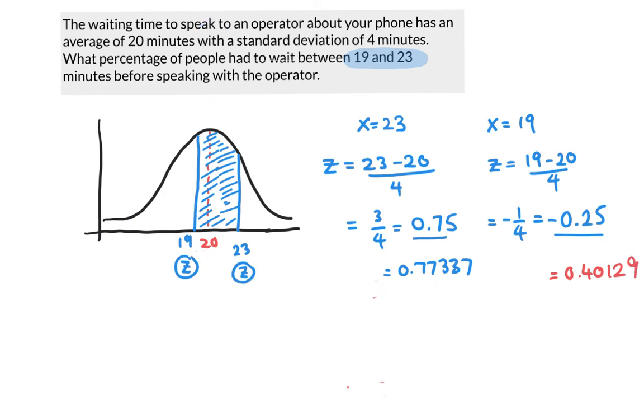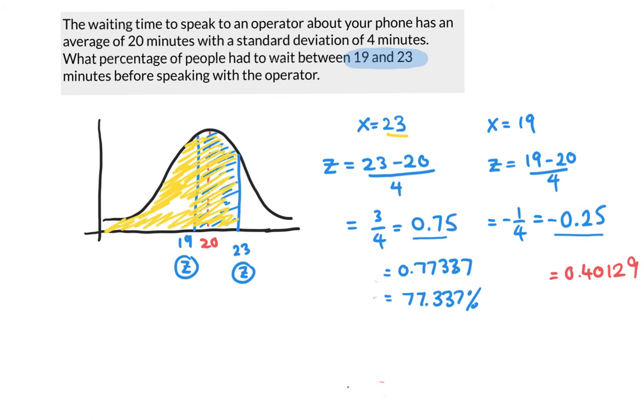So we need to look at this graphically now. Let's take this one here, 0.77, so that's 77.337%. Let's look where that is in the graph. We know it refers to our data point of 23, so it's this area to the left of 23. It's going to be in yellow here, and it goes all the way to the end.